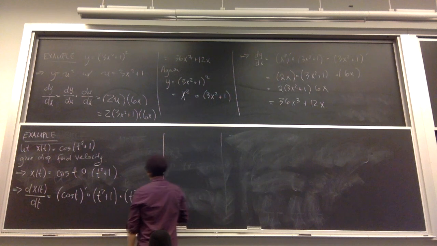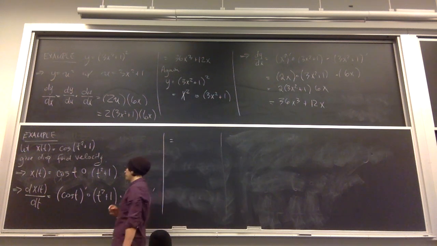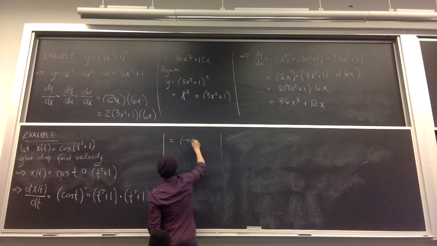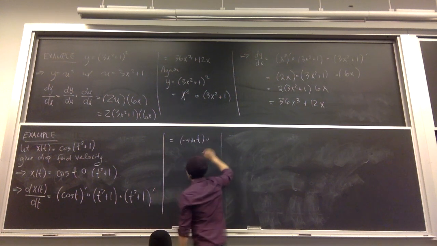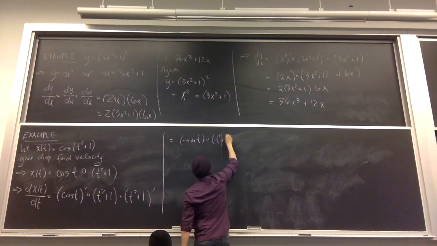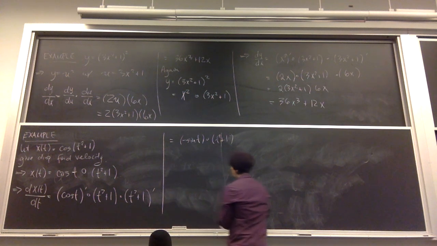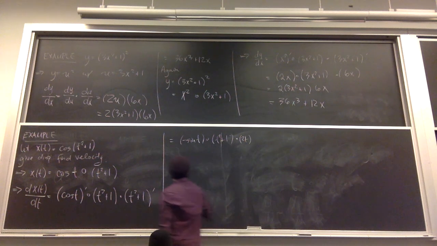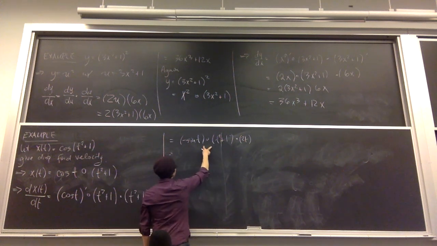So help me resolve this. What is the derivative of cos t? Correct. Minus sine t. We're going to compose that with t squared plus 1. And then what's the derivative of t squared plus 1? That's correct, 2t. So now I have to do this function composition. That means t squared plus 1 gets put in for that t.